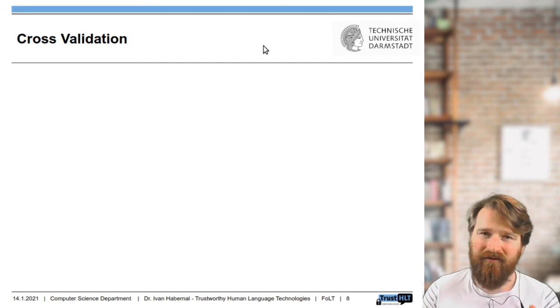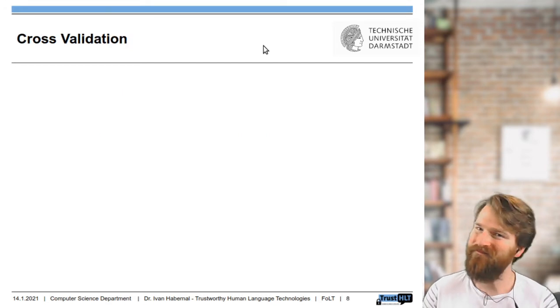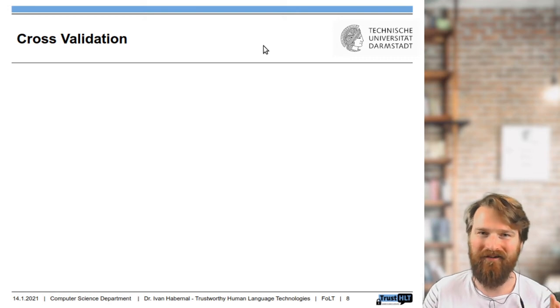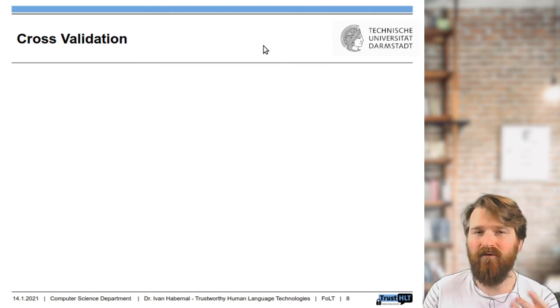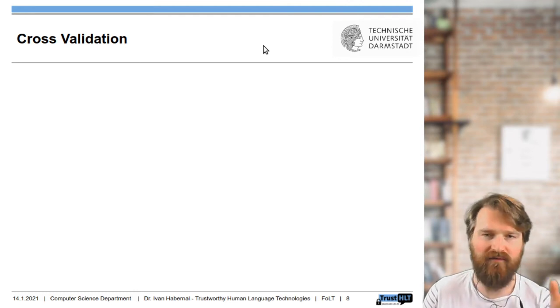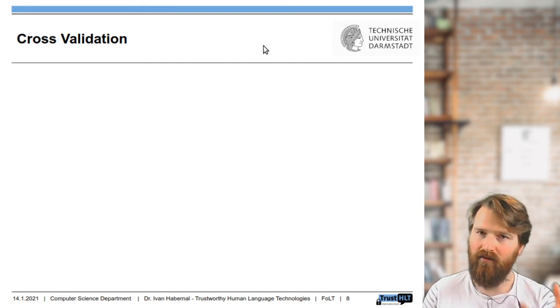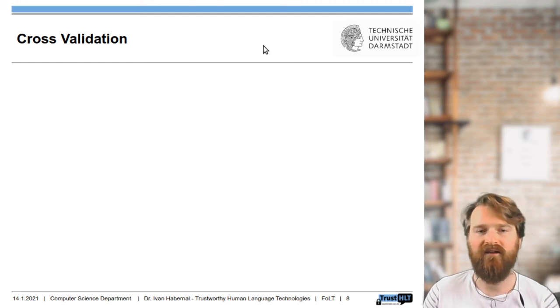In reality, you never have enough data. Only very exceptionally do you have more than enough data. Typically, you have less data than you need because gold annotation, human annotation, is costly, and so on. So you don't have enough data, but you still want to run the train, dev, and test split on the small data set and evaluate your model performance.